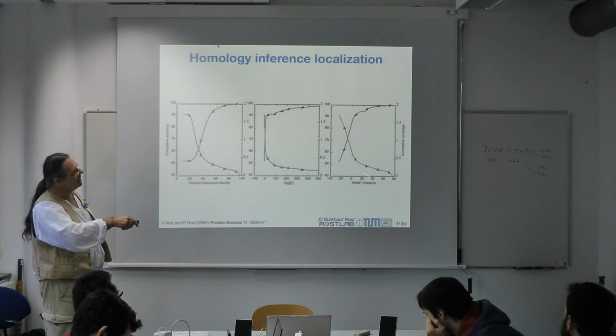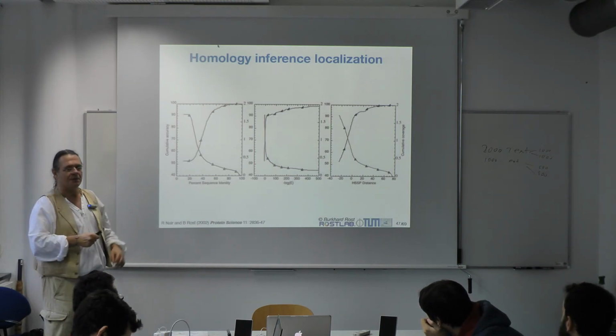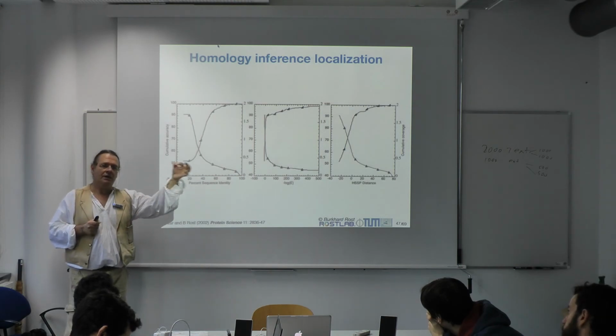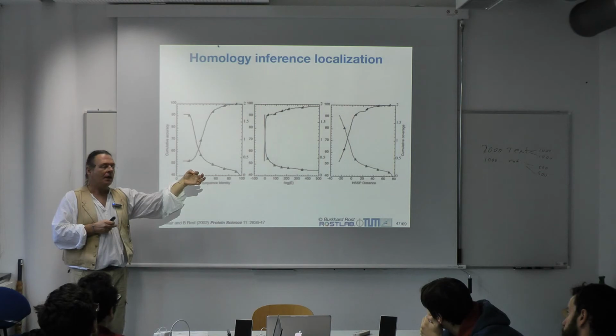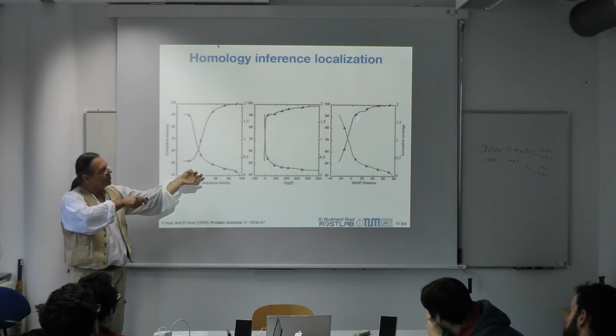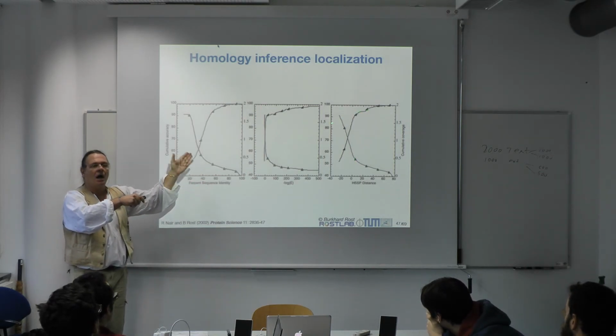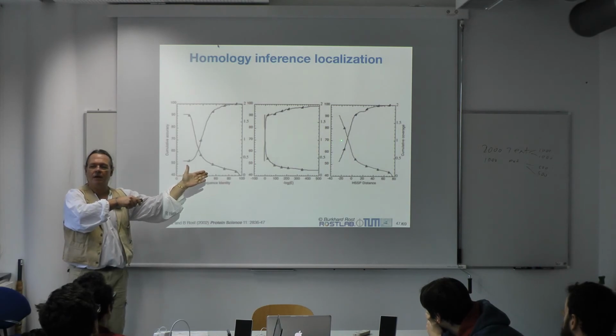This one is accuracy, and this is coverage. Coverage essentially means how much of all the extracellular proteins I identify. And at this threshold, this curve here means how many of those that I do identify are right.